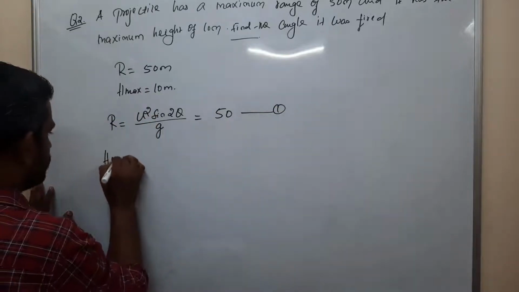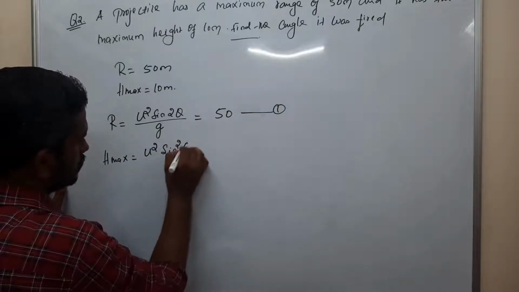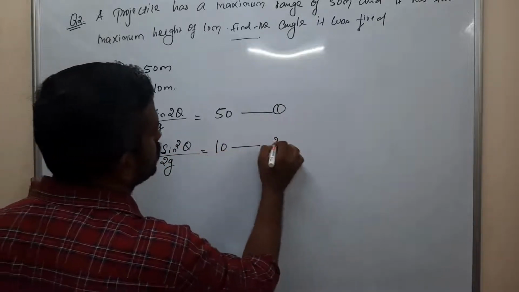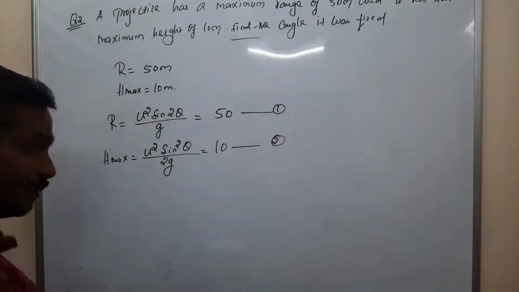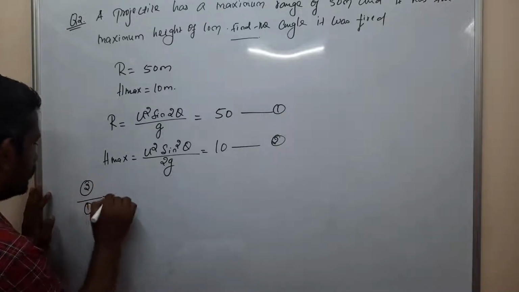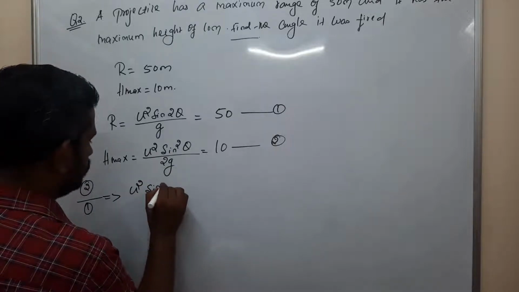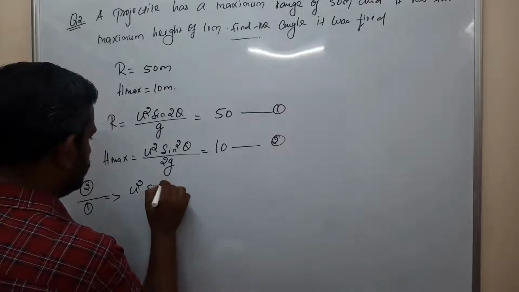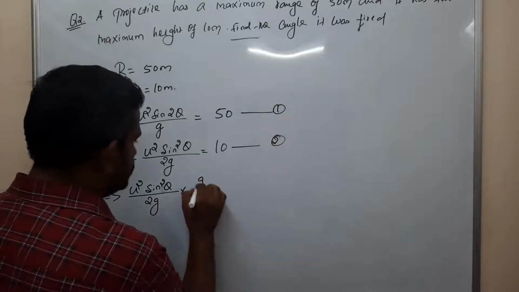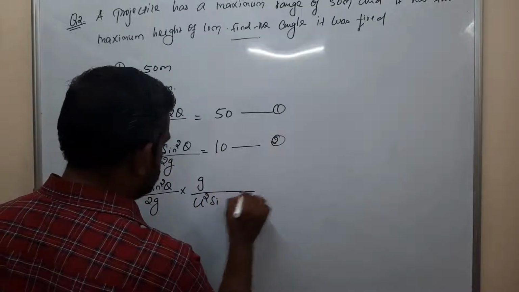H max is equal to u square sine square theta divided by 2g. So that's equal to 10. Take it as equation number 2. Now 2 divided by 1. That implies u square sine square theta divided by 2g into g divided by u square sine 2 theta.